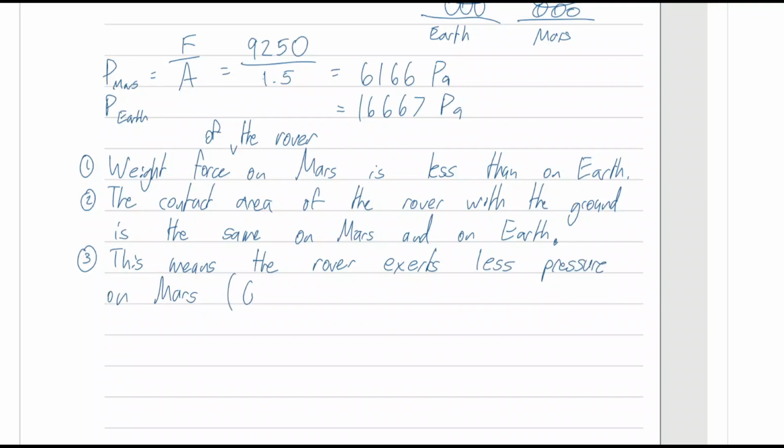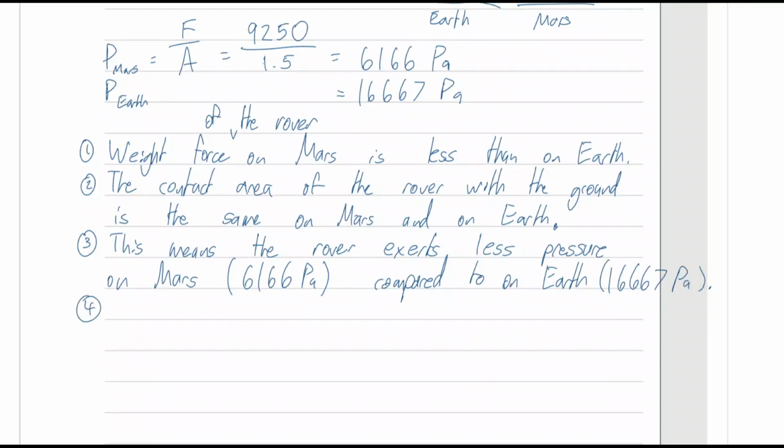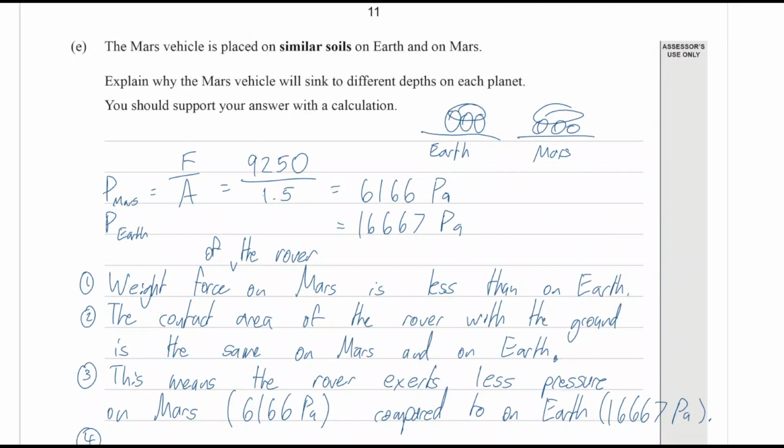In fact, it's 6,166 pascals compared to on Earth, which had 16,667 pascals. So we've compared the pressure. And then finally, what does this mean in terms of answering the question? Right, the different depths.